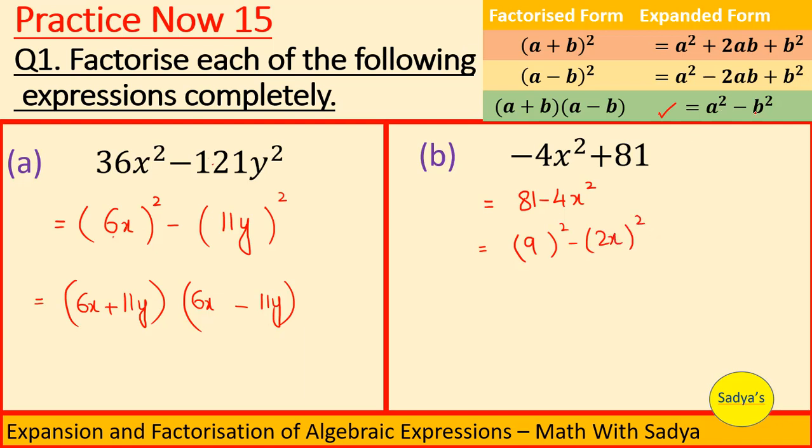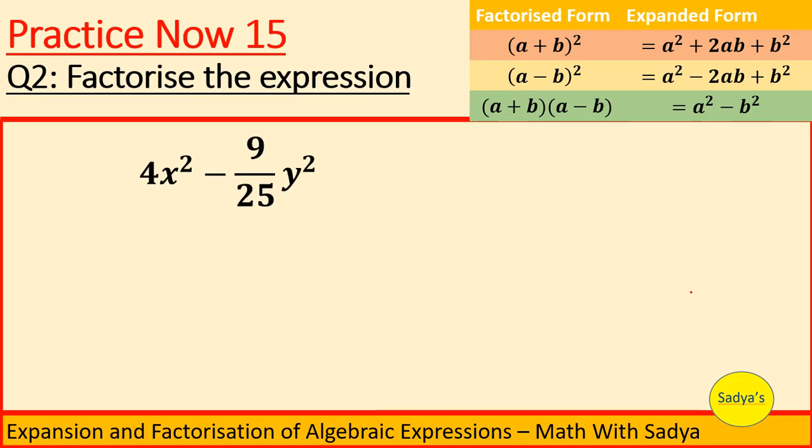And using the third identity, we can write this as a plus b into a minus b. A is 9 and b is 2x. So we can write it as (9 plus 2x)(9 minus 2x). So this is the factorized form of the question.